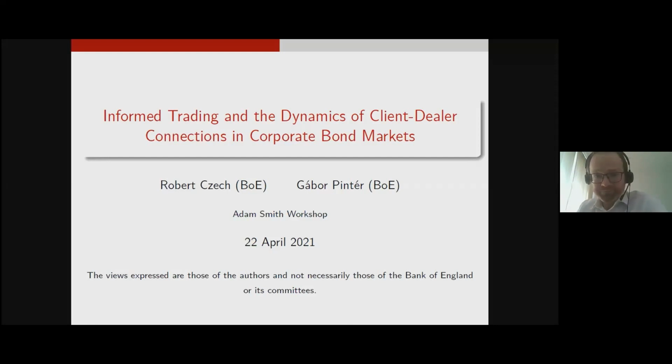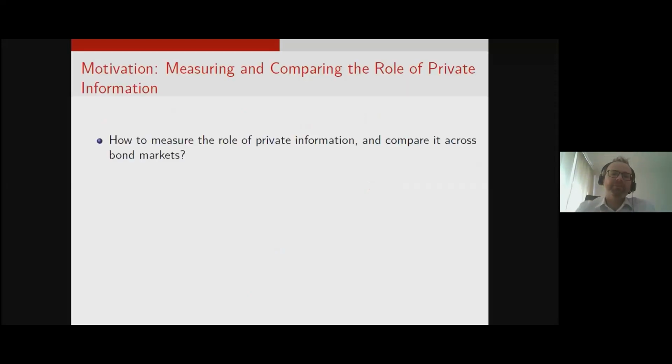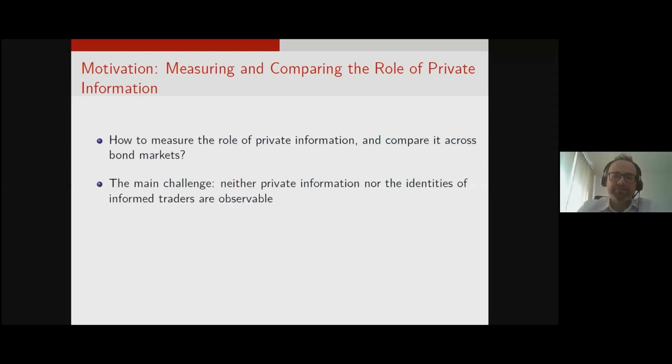So in this paper, we are asking the question as to how to measure the role of private information, and more importantly, how to compare it across different markets. This question has been asked many times before, but it is very difficult to answer because neither private information nor the identities of the informed traders are observable.